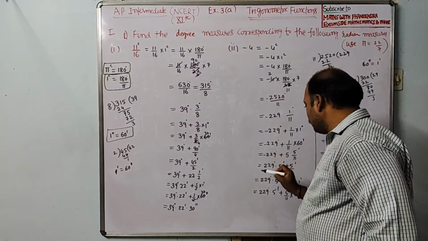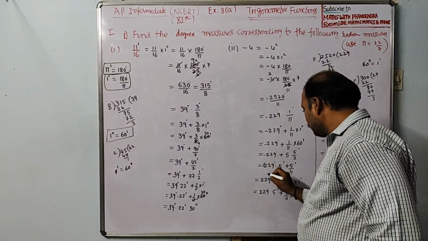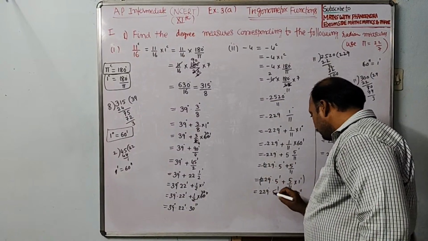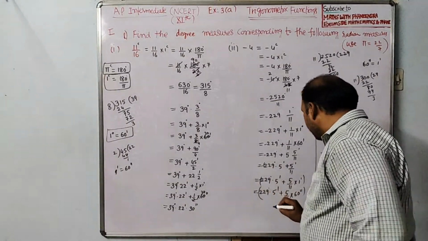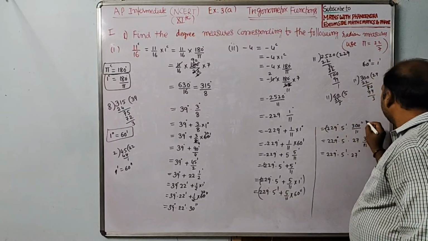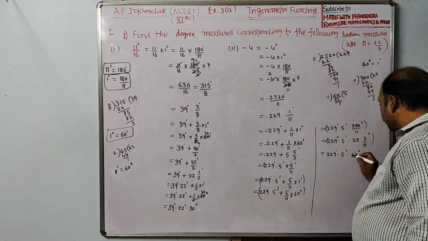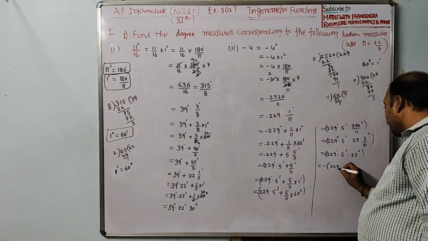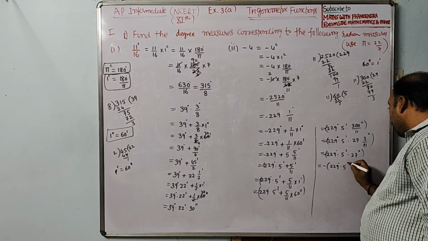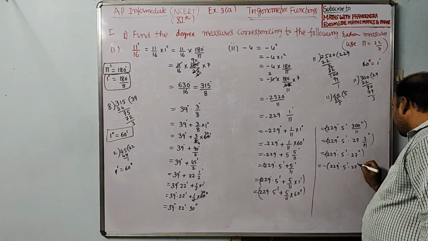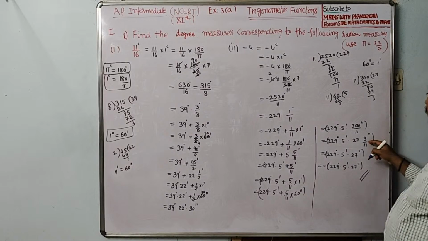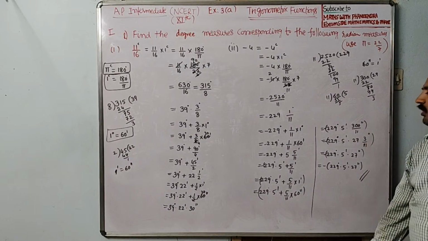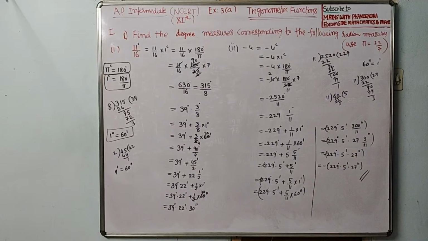Just I forgot. For this data you write with minus. So minus 229 degrees 5 minutes 27 seconds approximately. No need of the 3 by 11 seconds, you can leave it. This is the way you can do, dear students.